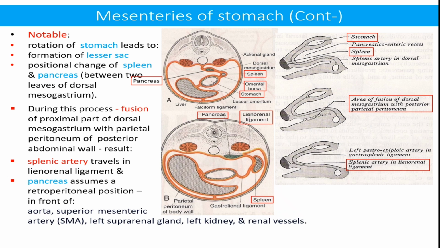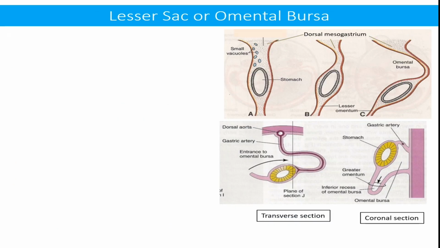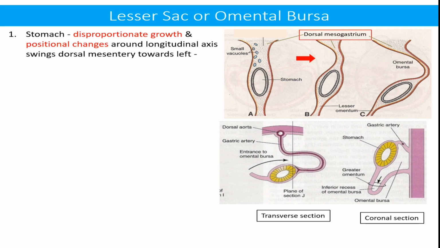Now we come to the development of the lesser sac or omental bursa. Disproportionate growth and positional changes of the stomach around the longitudinal axis swing the dorsal mesentery towards the left side.